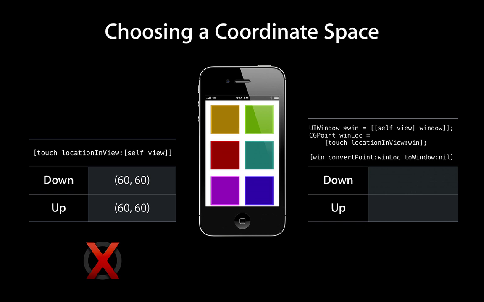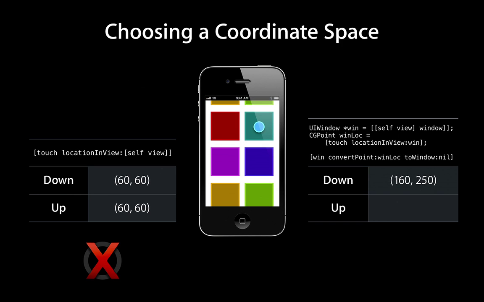And then I've used this UIWindow method to convert the point from the window to the screen which contains the window. So now when the user puts his finger down, we're considering that location not relative to the upper left-hand corner of the teal square, but rather to the upper left-hand corner of the screen. And so when the user moves his finger, the tap gesture recognizer correctly sees that it didn't arrive and lift in the same location, and it says, okay, that's not a tap.